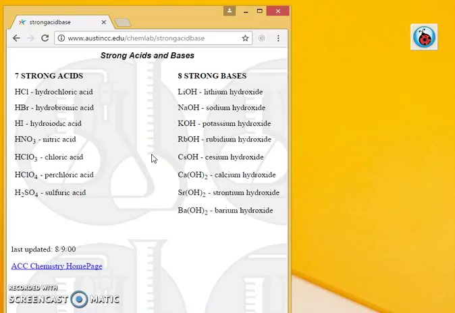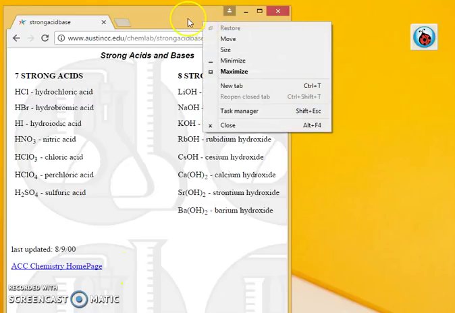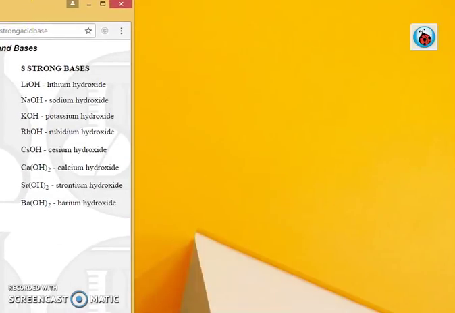Okay, strong bases, there's 8 of them: LiOH, NaOH. I'm going to move this over the screen here so you can see a little better.